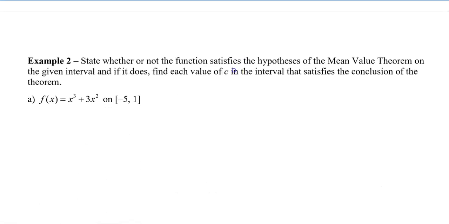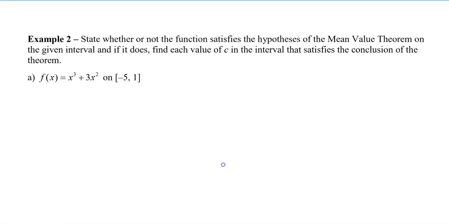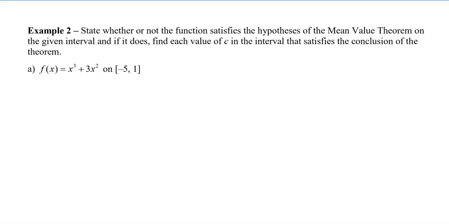So let's take a look at an example. State whether or not the function satisfies the hypotheses of the mean value theorem on the given interval, and if it does, we're going to find the value of C on the interval that satisfies the conclusion of the theorem. We see here that x cubed plus 3x squared is a polynomial. Because it's a polynomial, it's going to be continuous and also differentiable.